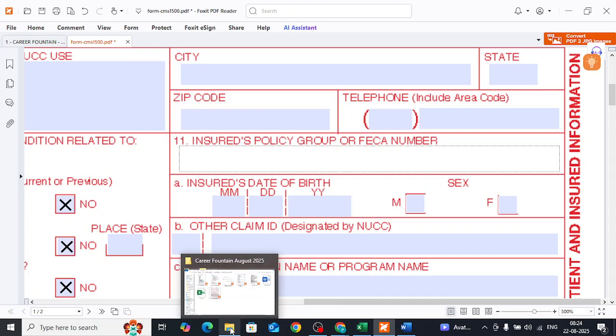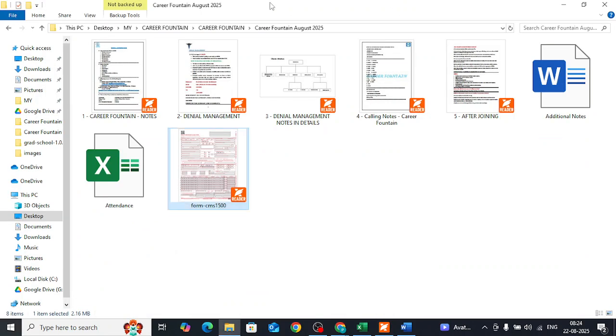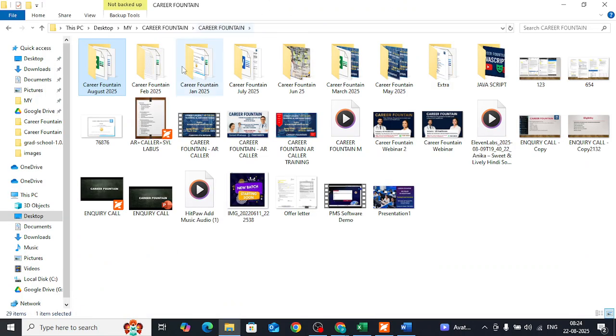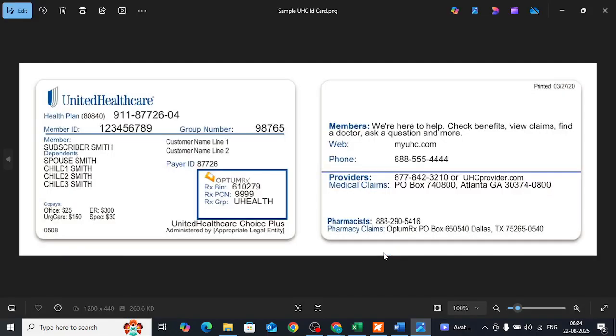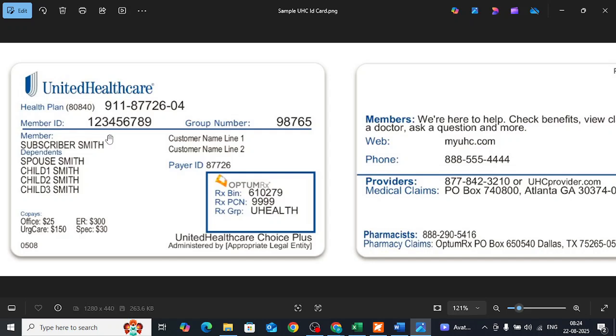So what is meant by group or FECA number? Sometimes the policy or the plan is a group plan. So whenever we are seeing the ID card, sometimes a group number is given. Here you can see this is the sample ID card for UHC, and you can see here the member ID. Member ID is nothing but the policy ID or the subscriber ID.